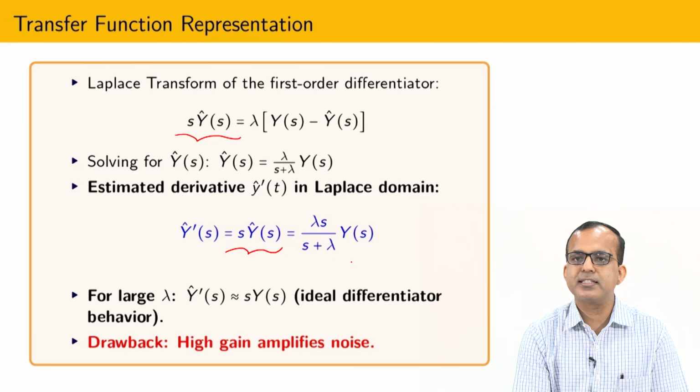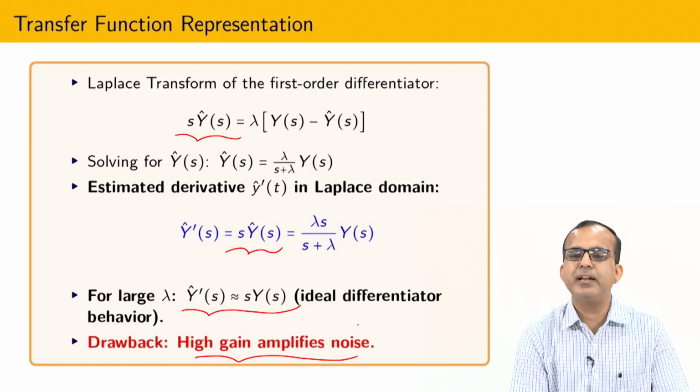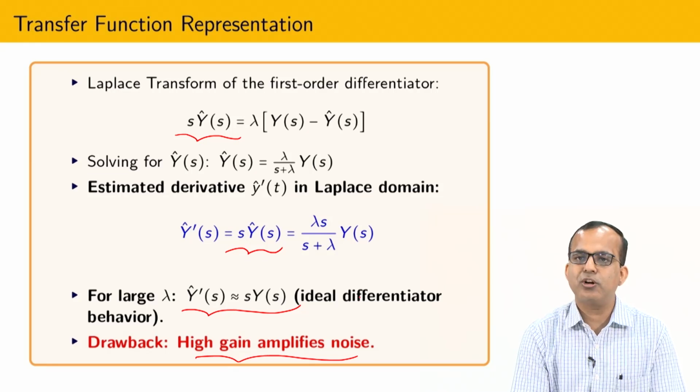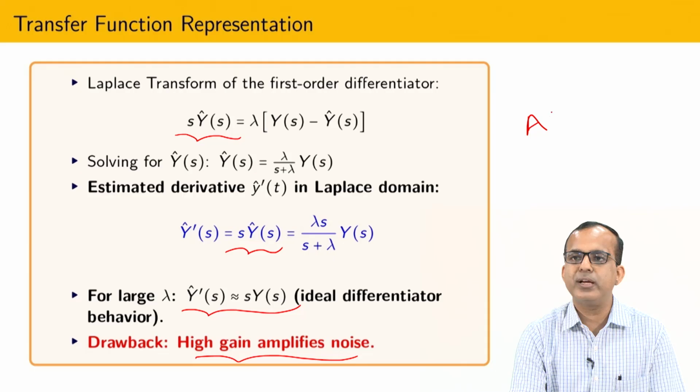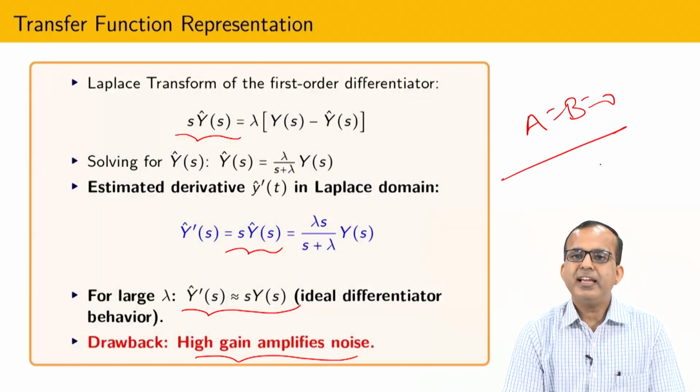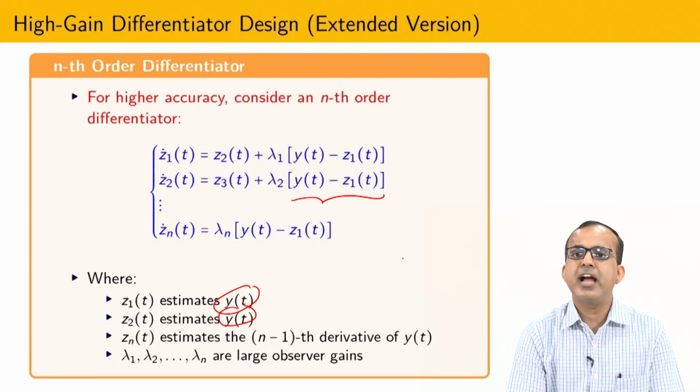So in this structure, you can easily see that if lambda is very high, then y dash cap equal to s into y(s), that is nothing but the differentiation of y(s). In this way, by keeping high gain, I can convert the Luenberger observer into a differentiator where A and B both equal to 0. Similarly, I can prove it for any higher order.